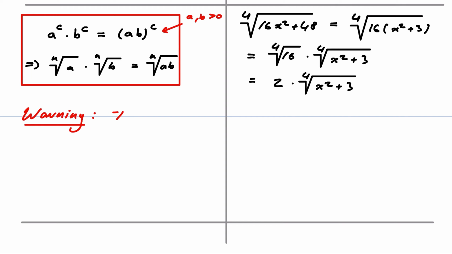So in general, it is not true that a to the power c plus b to the power c is equal to a plus b to the power c. It's incredibly wrong.